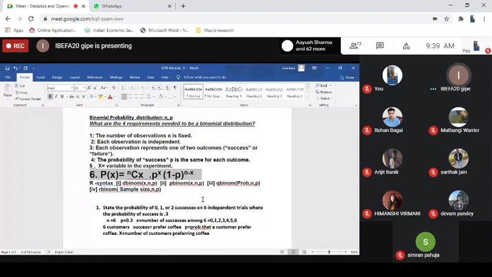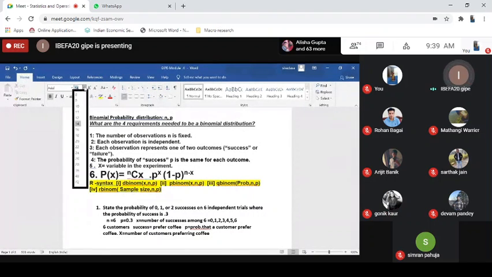Binomial model. These are the 6 important syntax that we are going to use in R.